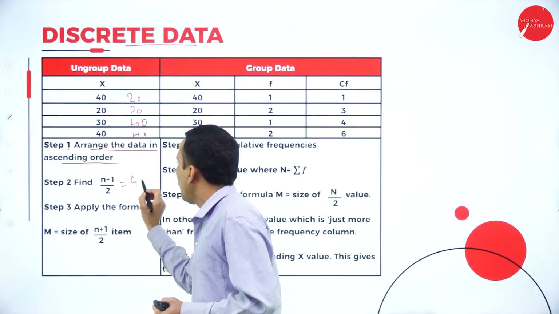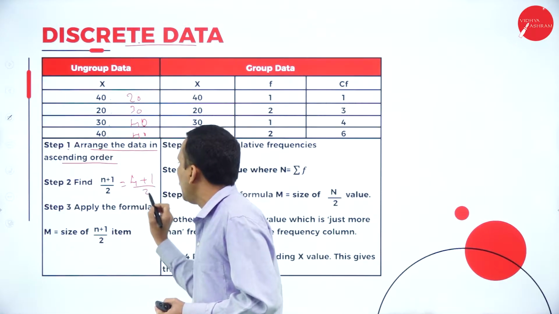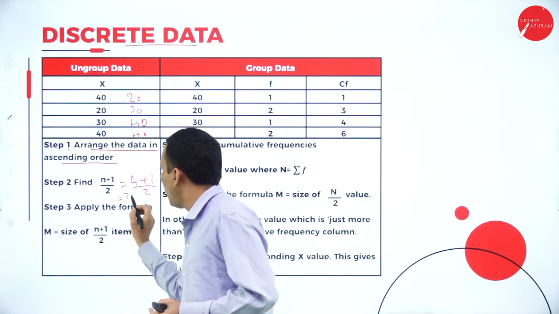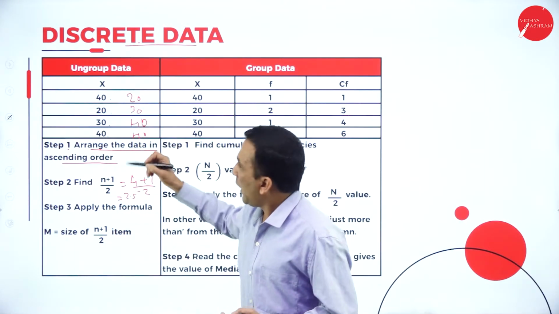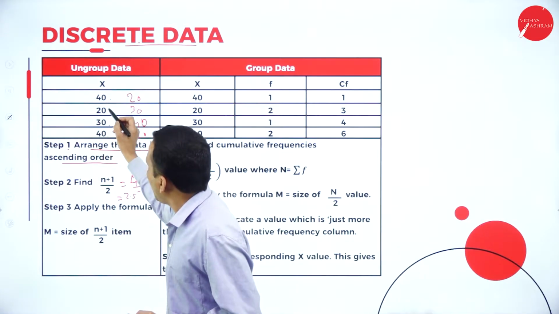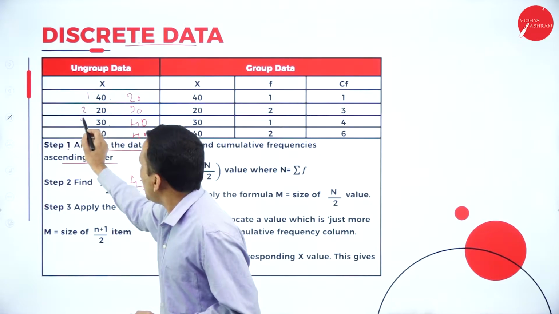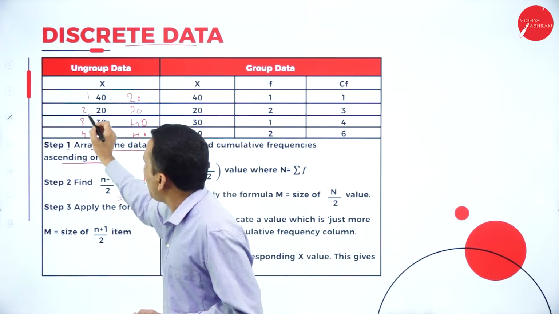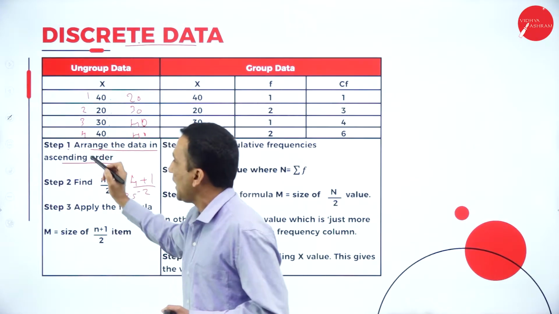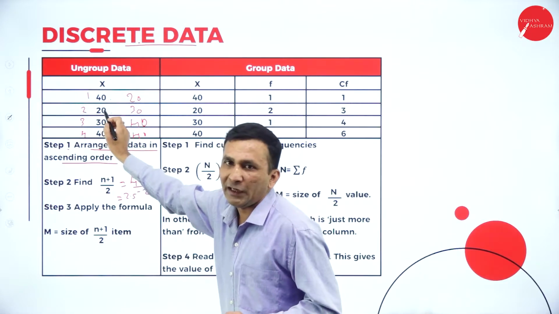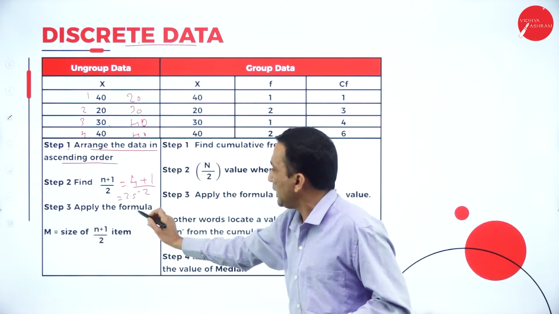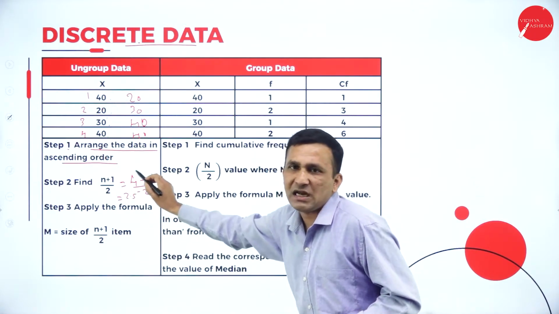Four numbers. So (4+1)/2, which is 5 divided by 2, giving 2.5. Since it is an even number of observations, the 2.5 position lies in between the second and third values, that is, between 20 and 30. So the position is identified.